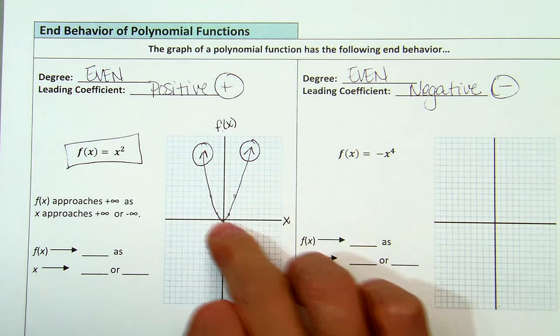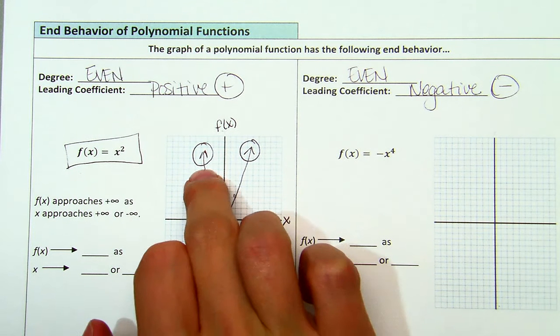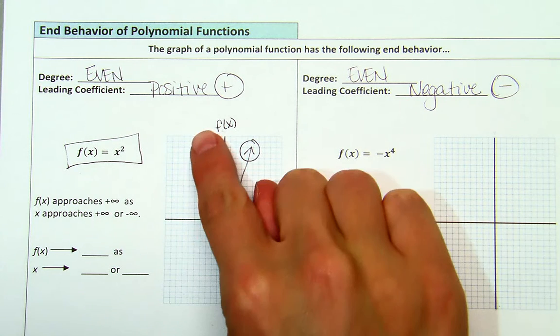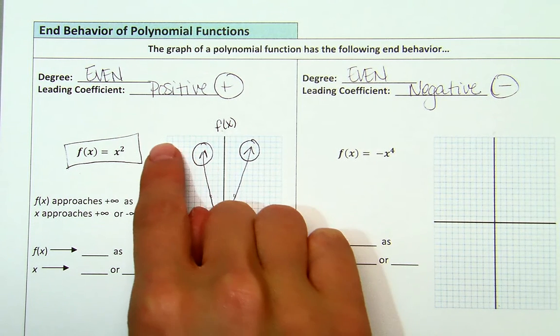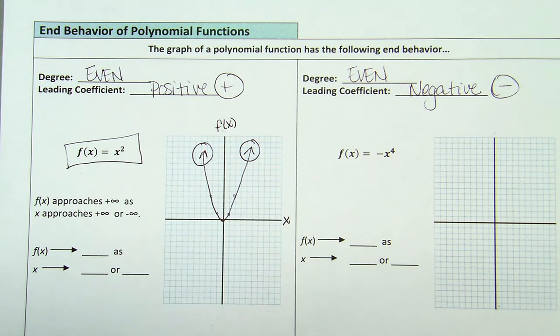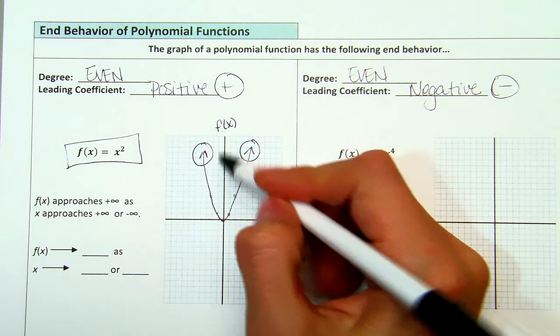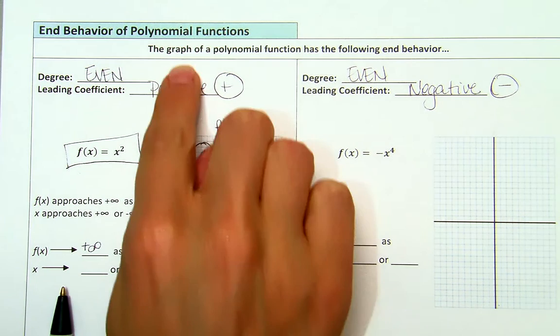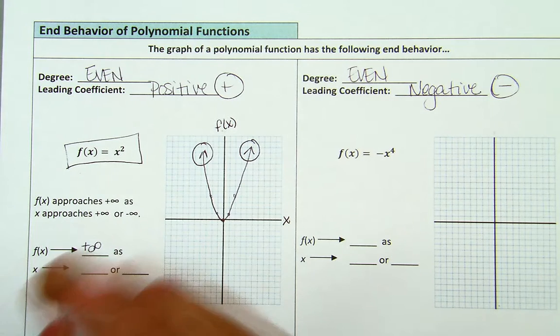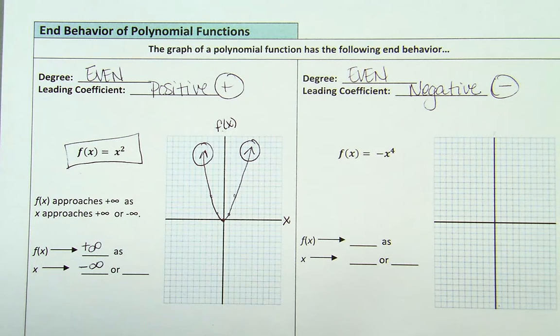So this arrow grows and gets bigger and bigger towards the positive y, and it's also getting wider towards negative x. So in this case, as f of x approaches positive infinity, I'm in the negative x region.